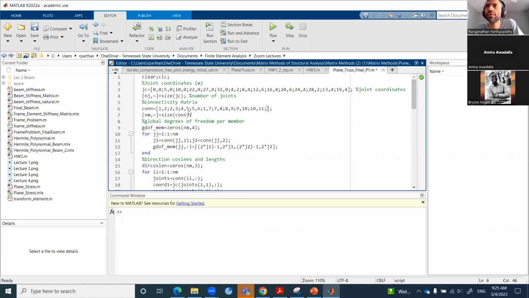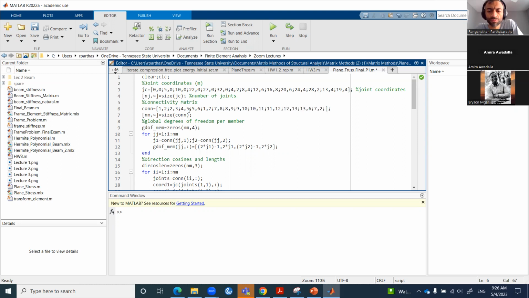Number 10, 11 and 12. Number 11, 12 and 13. Number 12, 13 and 6. Number 13, 7 and 2.